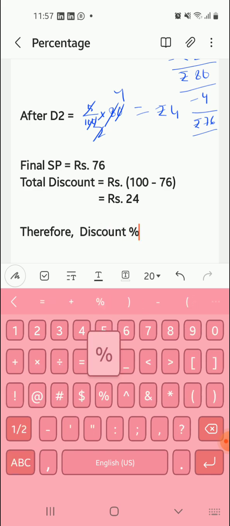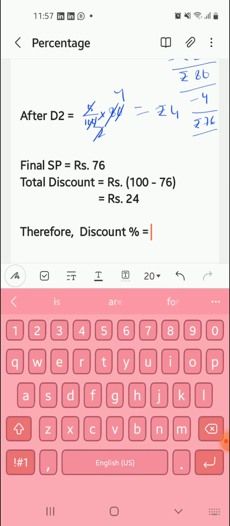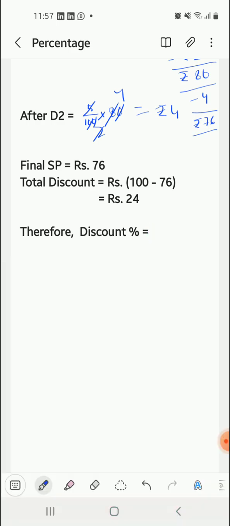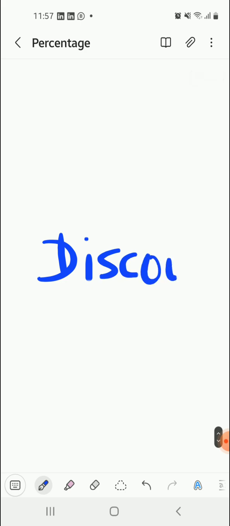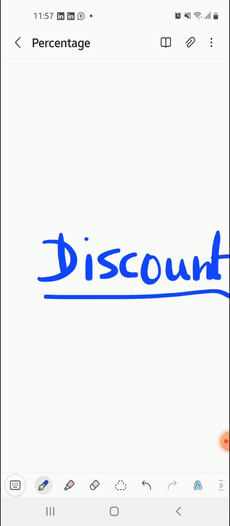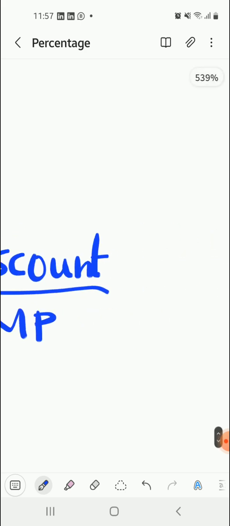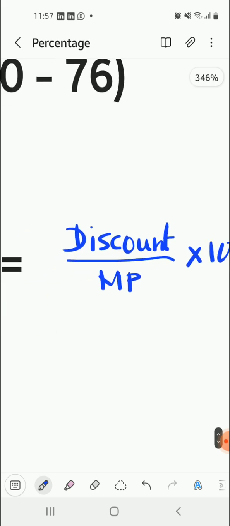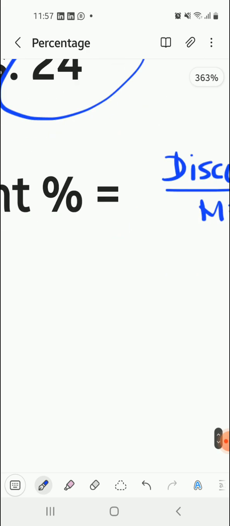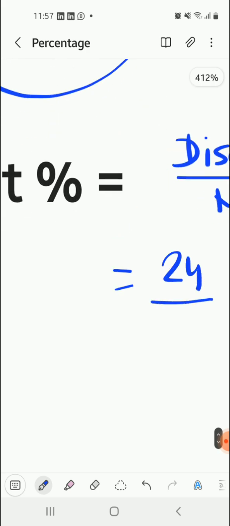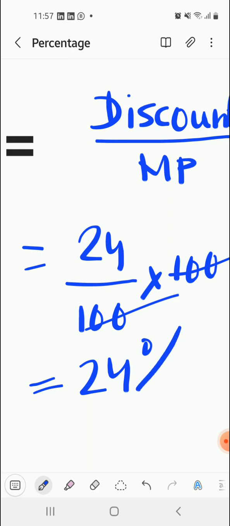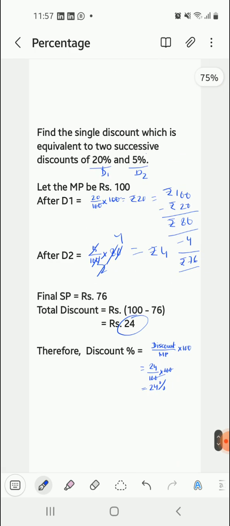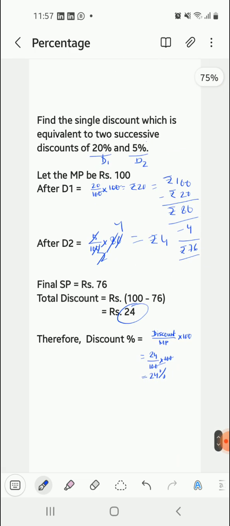There's a simple formula: discount percentage is discount by marked price into 100. My discount was 24, and my marked price I had assumed as 100. So into 100 this gets cancelled, so this is 24%. So 24% will be the discount.